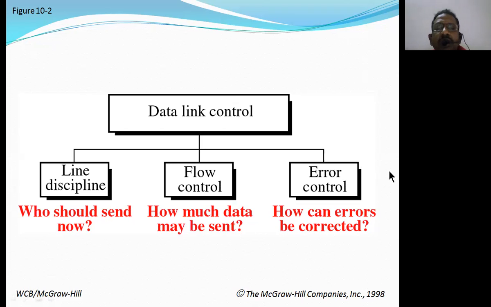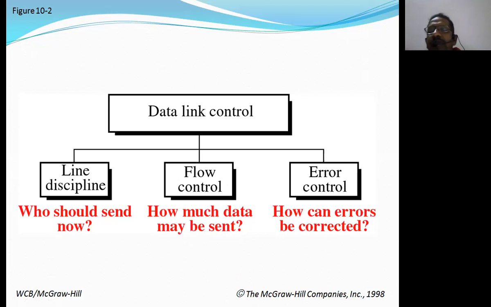That can be controlled by using the flow control method. How much data may be sent and at what speed it is going to be sent is addressed by the flow control method. So who has to send and who has to receive is decided using line discipline, then at what speed and what amount of data has to be transmitted is understood by flow control.